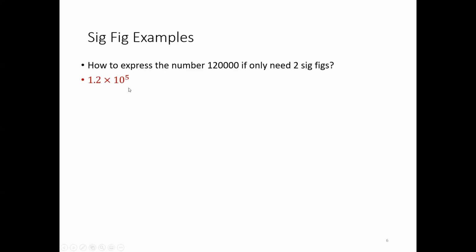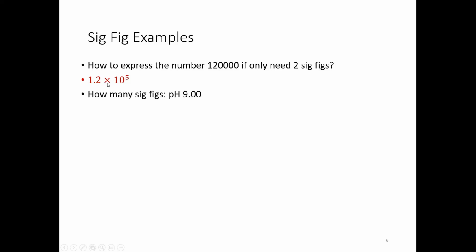So in this expression, we only count the digits here as the significant figures. We don't count anything in the power here. We have 1 and 2, so that's only 2 sig figs. And that expresses the number 120,000, right?